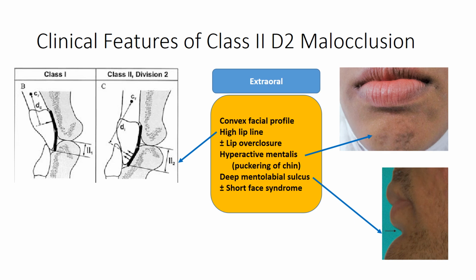There may be lip overclosure, there may be a hyperactive mentalis, which is evident as puckering of the chin, and there's a deep mentolabial sulcus, and they may have short face syndrome, meaning the lower vertical facial proportions are reduced.